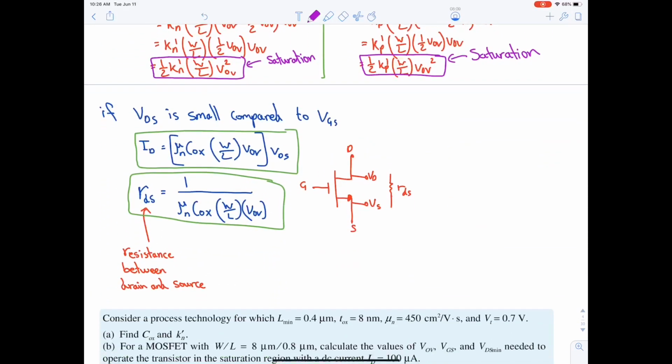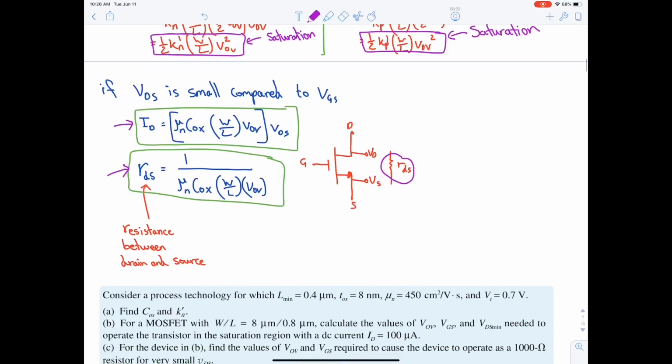Now, when the question says that VDS is very small compared to VGS, then we are in a different region. In this region, the ID is as follows, and only in this region we have a resistance called RDS. RDS is the resistance between D and S, between the drain and the source.